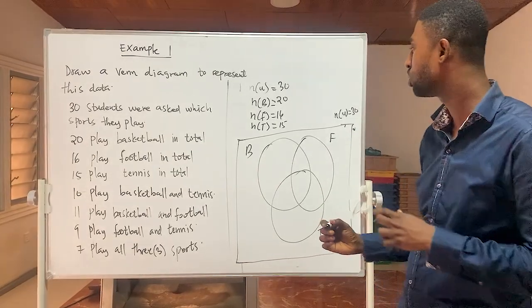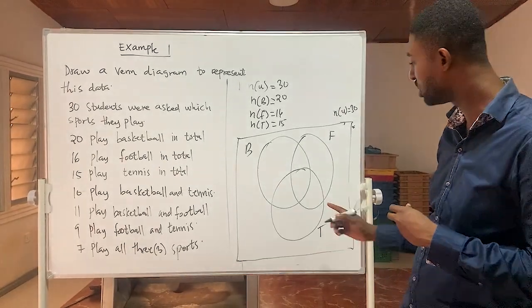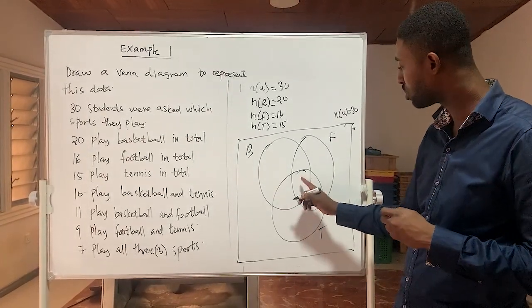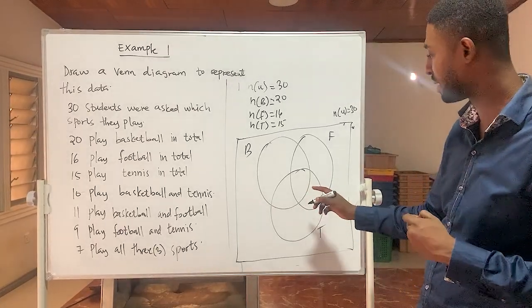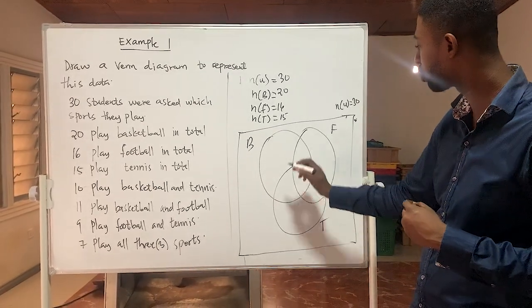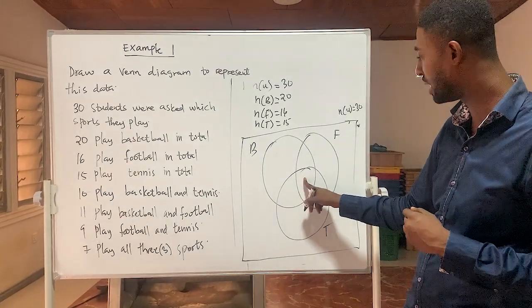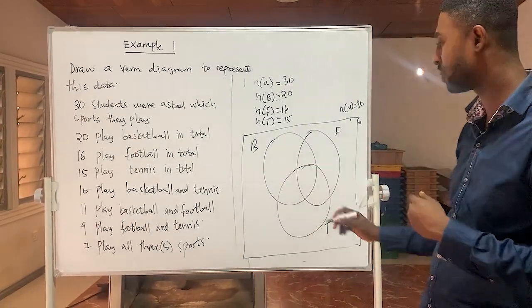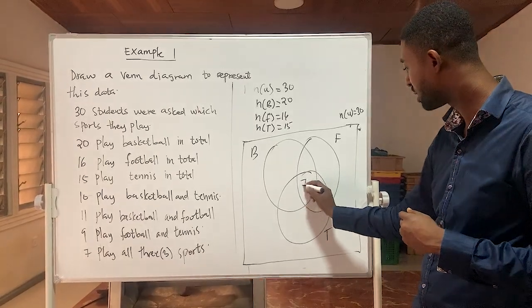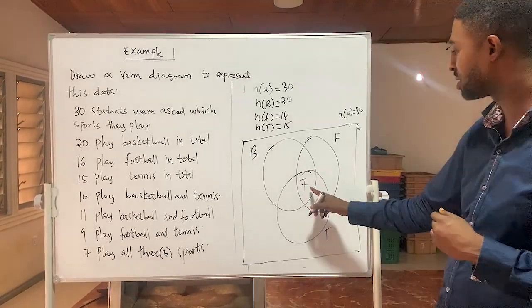Now, if you want to solve a 3 set problem, first what you need to do is to look for the central part, the overlapping part, which is common to all the 3 categories. And here is for students who play all the 3 sports. So here is 7. So you put 7 here.